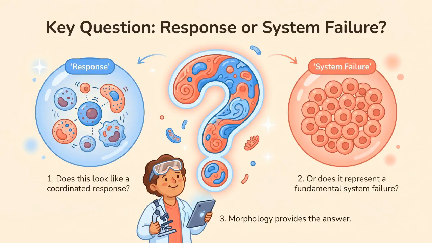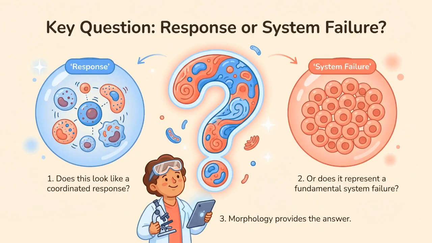This often manifests as a monotonous population of immature cells, such as blasts, that are not effectively contributing to normal blood cell function. Your expertise lies in meticulously examining the morphological clues, the nuclear to cytoplasmic ratio, chromatin patterns, nucleoli, and cytoplasmic characteristics, to determine which scenario is more likely.